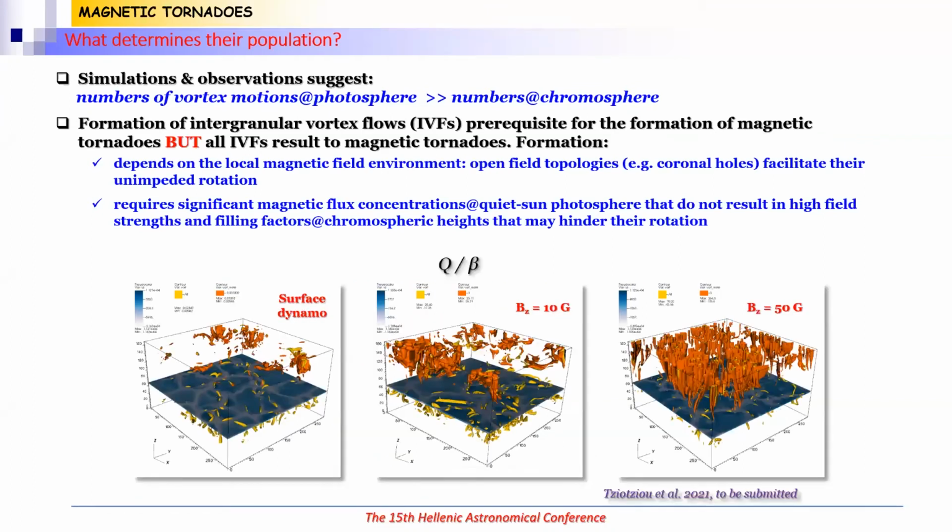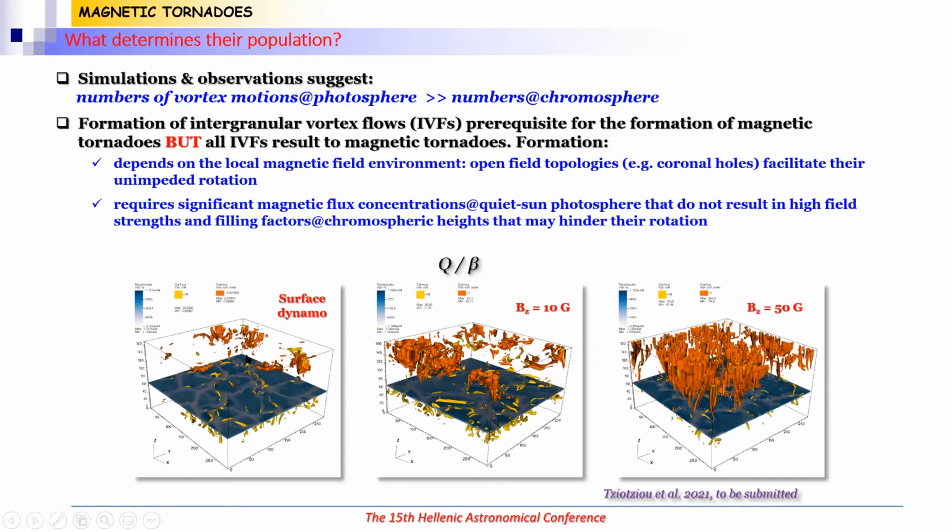I'm showing you here the results of these three different simulations. On the left, you see the surface dynamo, in the middle the 10 Gauss and the 50 Gauss on the right. And with yellow and orange lines, I show you the Q over beta parameter.